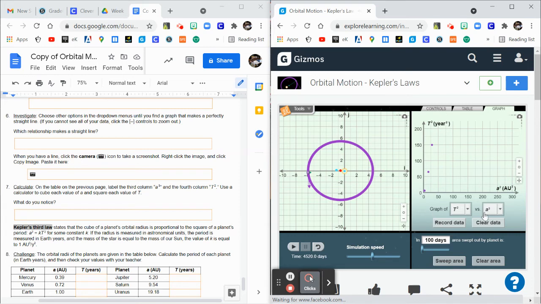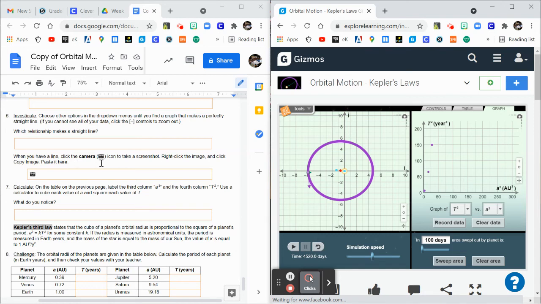You can play around with these until you find one that is a straight line.